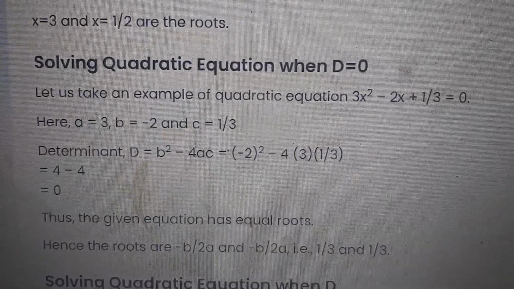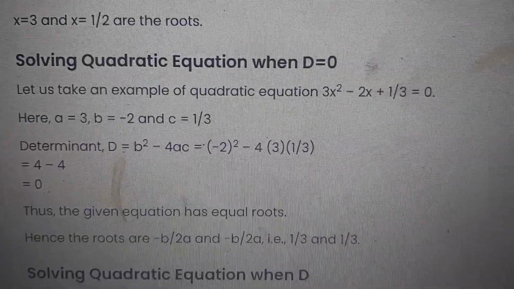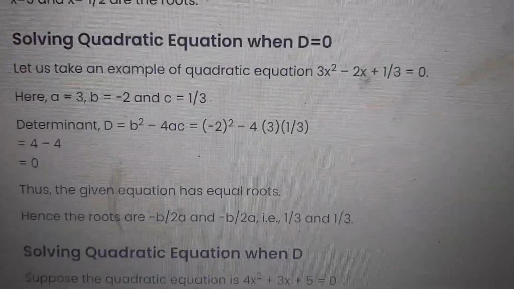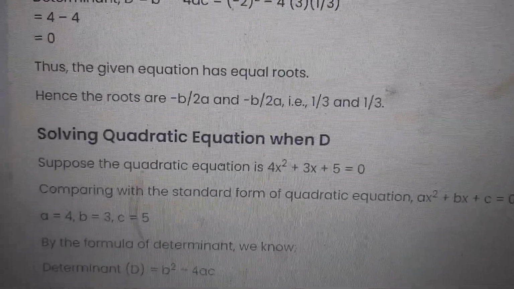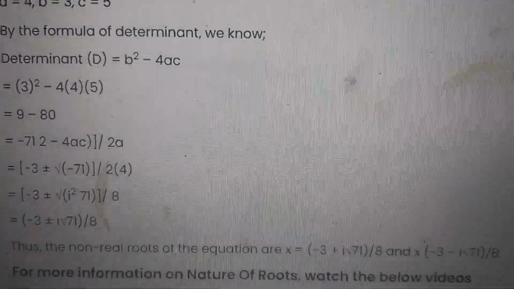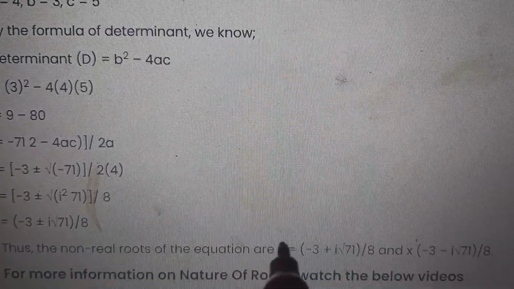If D equal to 0, the equation has equal roots, that is 1 by 3, 1 by 3, given by minus b by 2a. Okay, like this. If D is less than 0, we get complex roots, non-real roots.